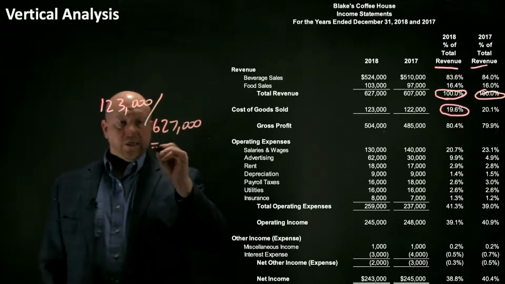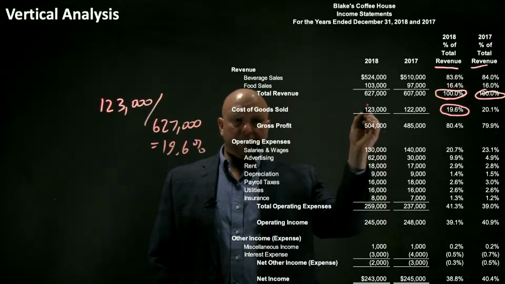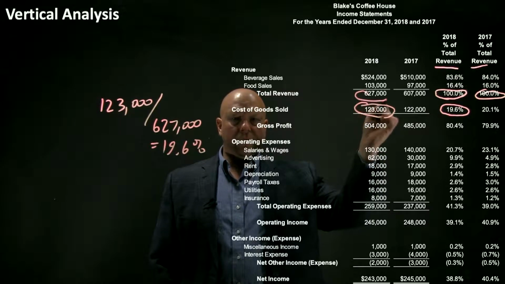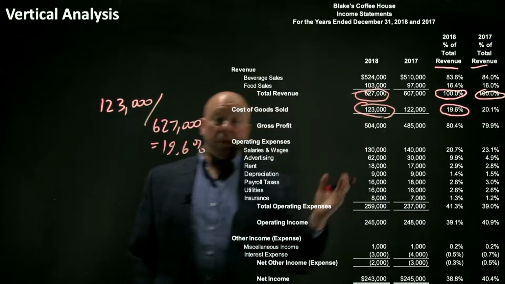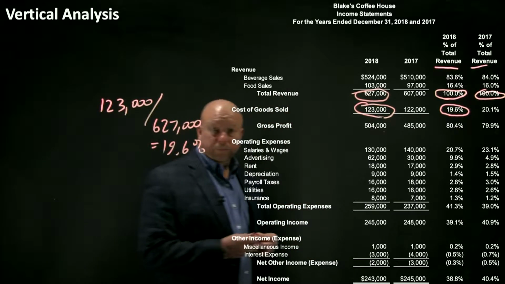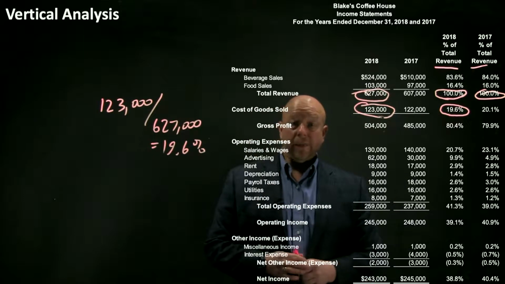That is your 19.6%. Okay? So we're just grabbing this particular number here, dividing it by the 627,000 here, and we're really doing that for each element here.